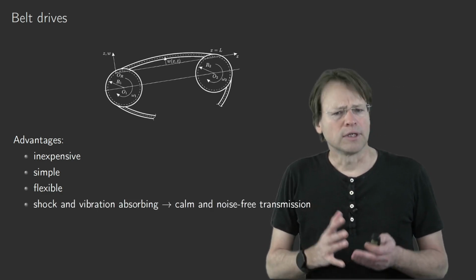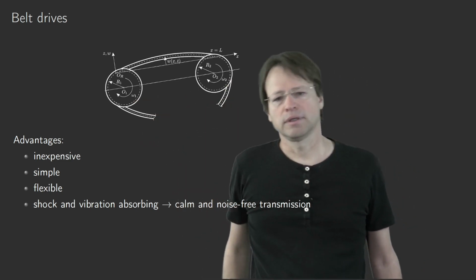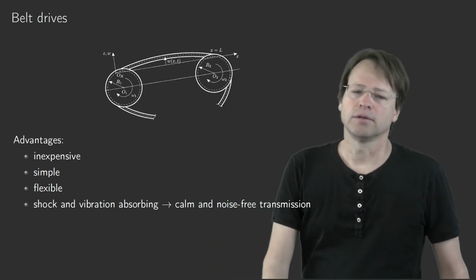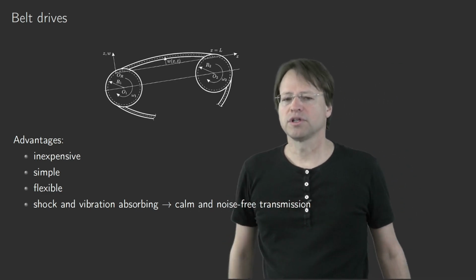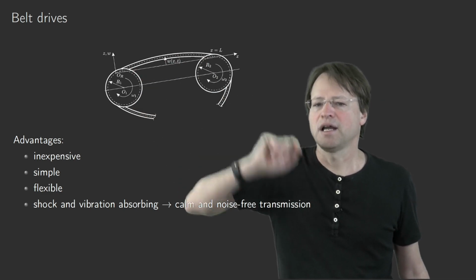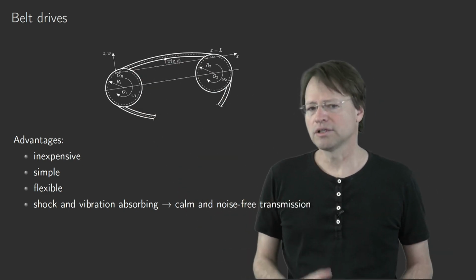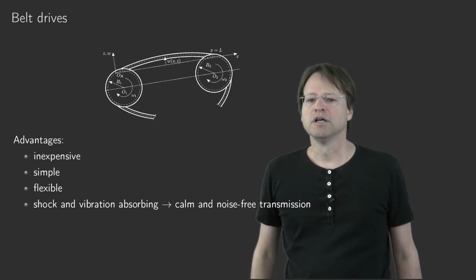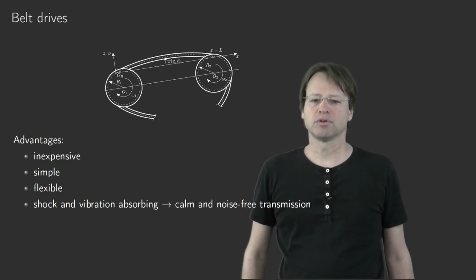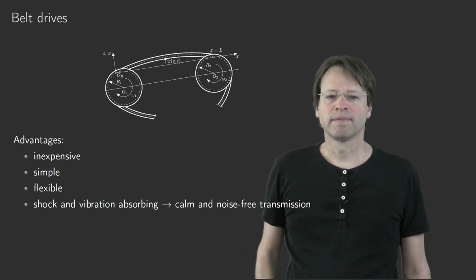So they are rather noise-free because there are no gears or wheels that contact, and all the contact is done by a belt. And that belt is usually an elastomer or something similar, so with very good shock and vibration absorption properties. So that's very good.